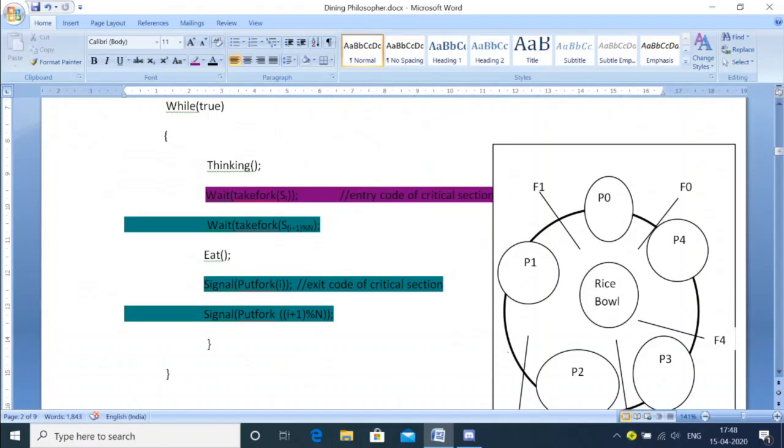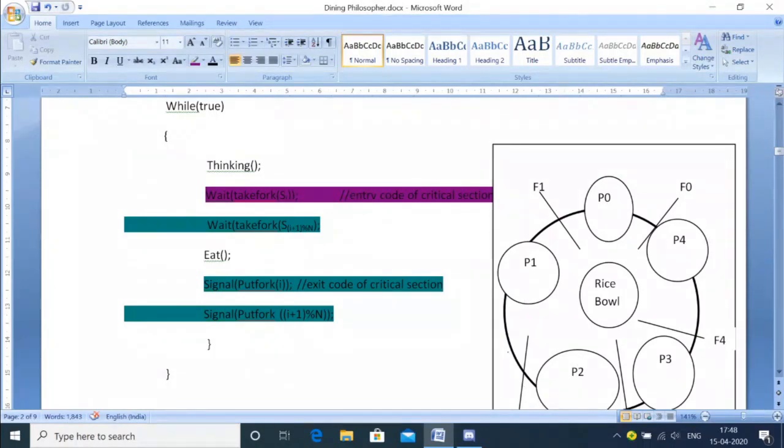So the moment the other process came, again this line got executed. The moment this line gets executed, P1 will get this fork. Before P1 could take the other fork, that means before that process could execute this line of code, again some preemption took place. That means some other process came. So P1 control now will be out and P2 will be given the control.